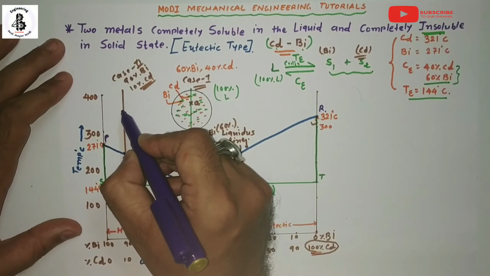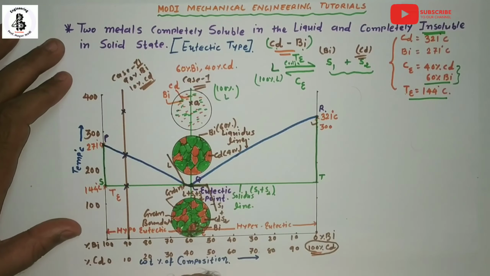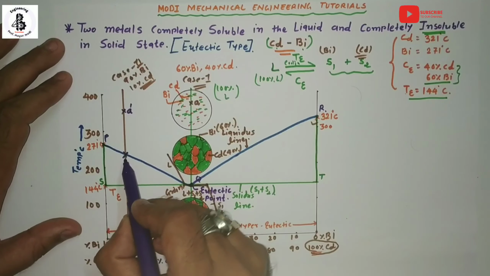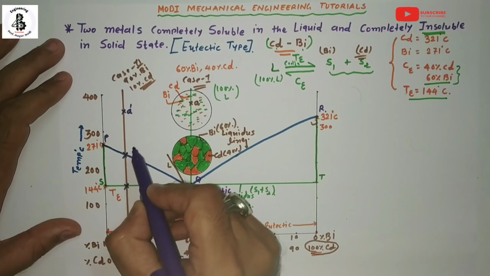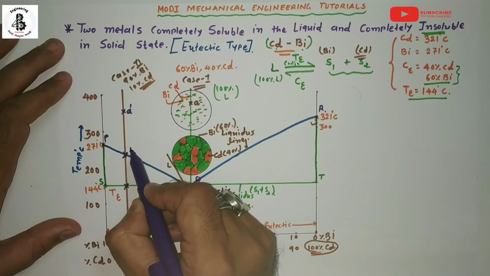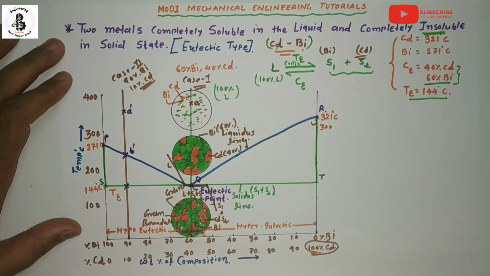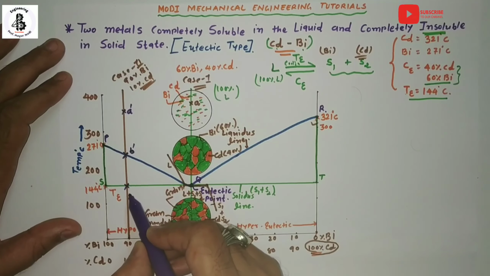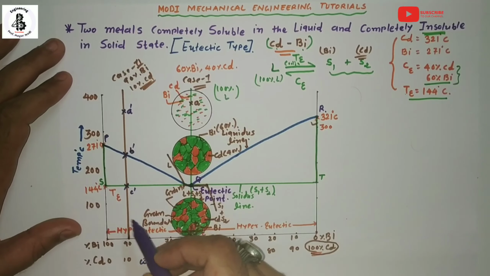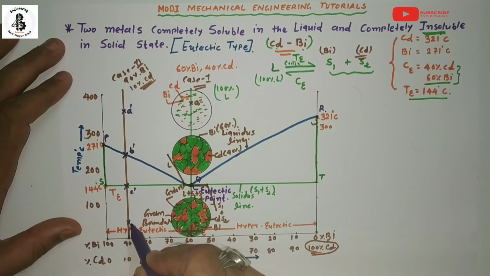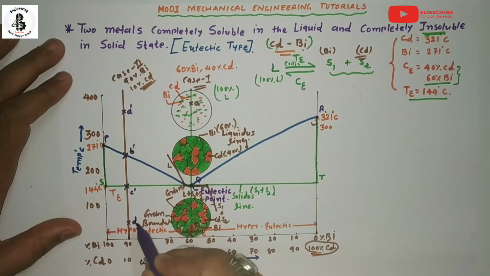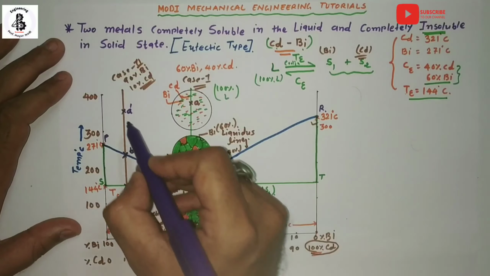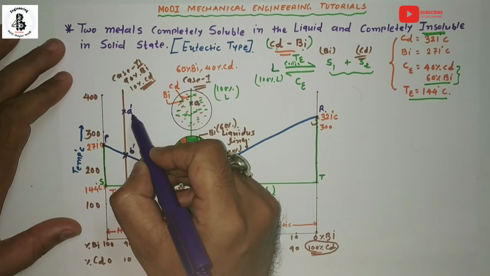The first point, just above, will be known as A dash. The point intersecting at the liquidus line is B dash. Then the line intersecting at the solidus line is C dash, and at room temperature, that will be D dash.